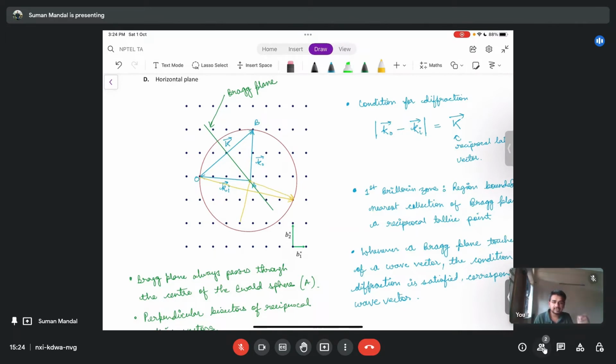It again passes through the center of the Ewald sphere. If it touches the wave vector Ki, which is common to both these cases, then automatically, since capital K2 is a reciprocal lattice vector which the Bragg plane perpendicularly bisects, this point C has to be a reciprocal lattice point. So AC must be a vector which touches the Bragg plane at point A, and the other end touches the reciprocal lattice point, resulting in diffraction.